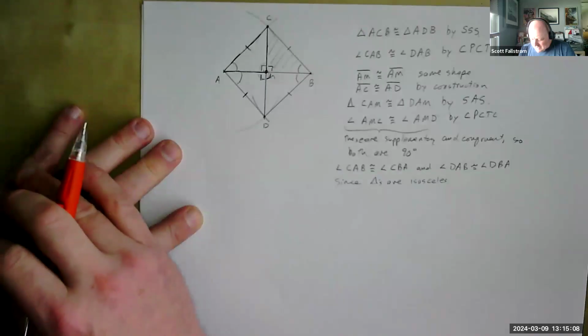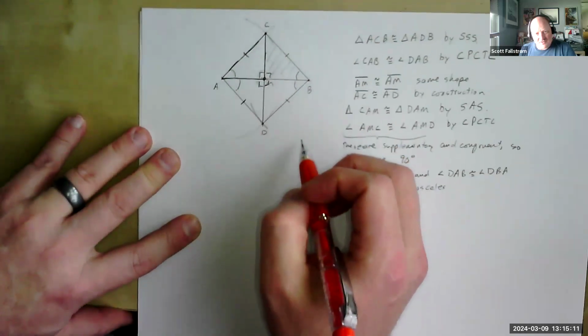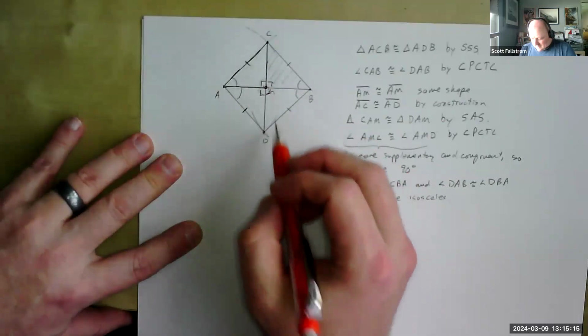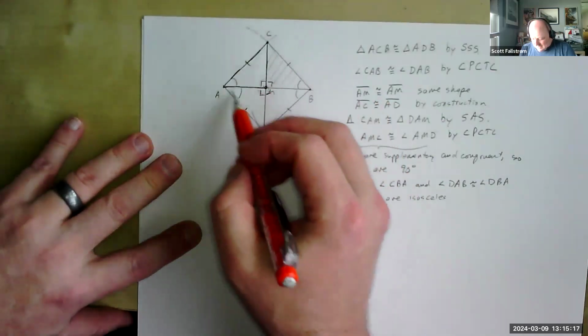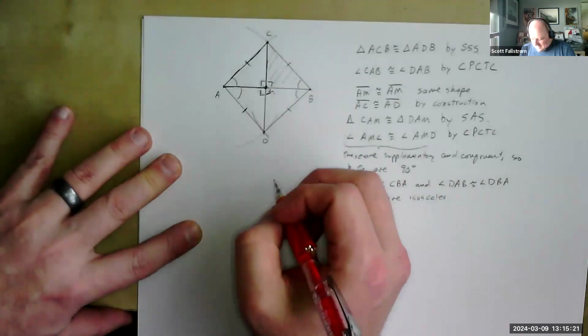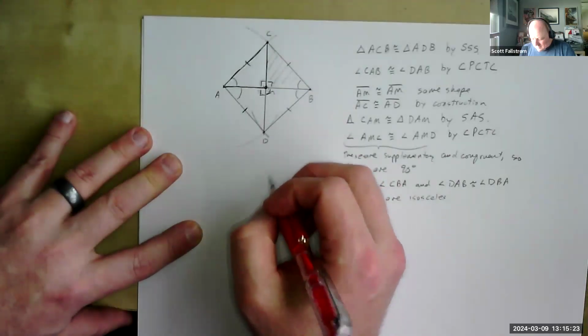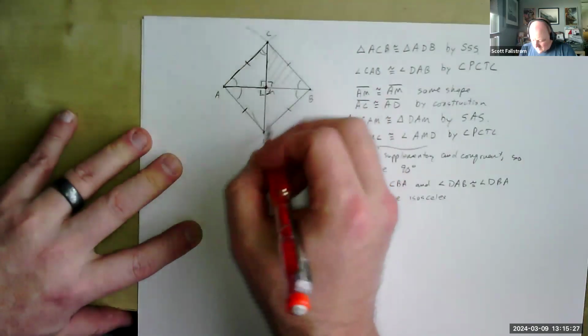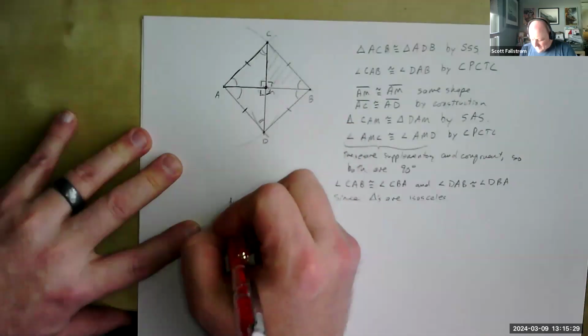So in order to do this, I might also come up here and say, the triangle I had right here, CAD, is isosceles, which means I get some angles that would be congruent. So I know this angle right here will be congruent with the angle down here.